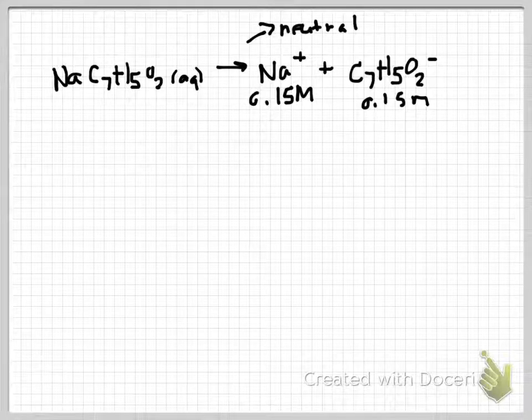But our benzoate ion is going to be important. It's going to act as a weak base in our solution. So I'm just going to write that in. It's going to be a weak base. So I'm going to highlight that.